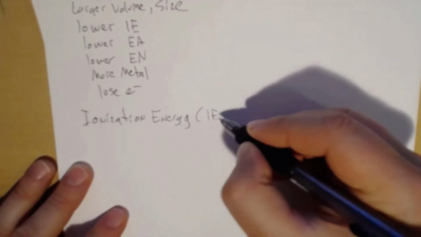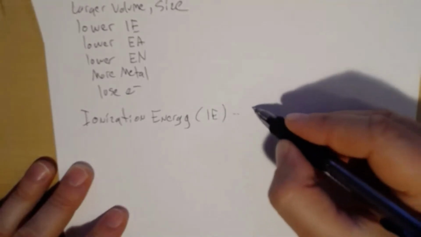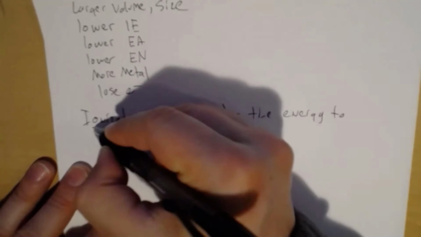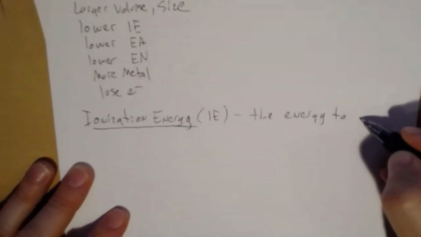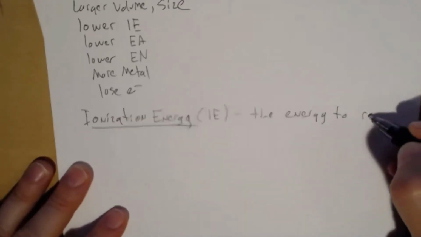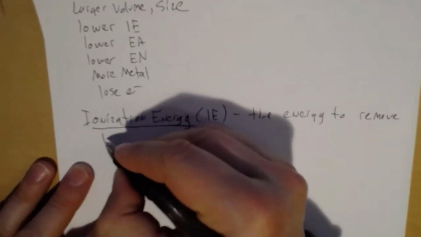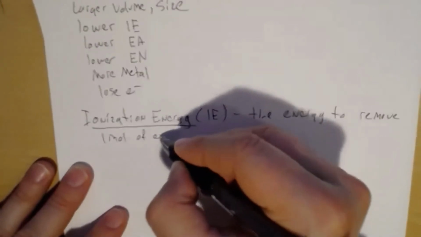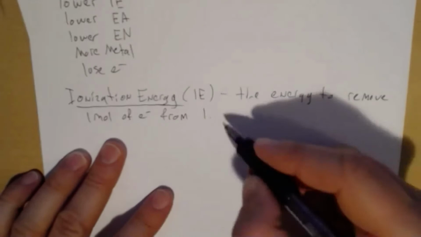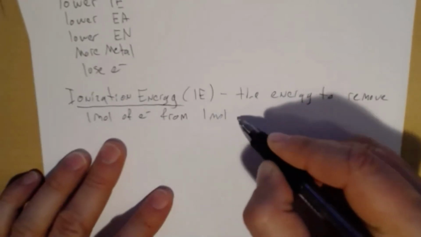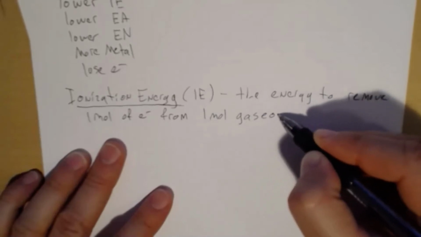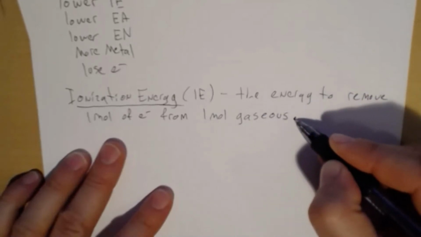Abbreviated IE, ionization energy, is the energy to remove 1 mole of electrons from 1 mole of gaseous atoms or ions.